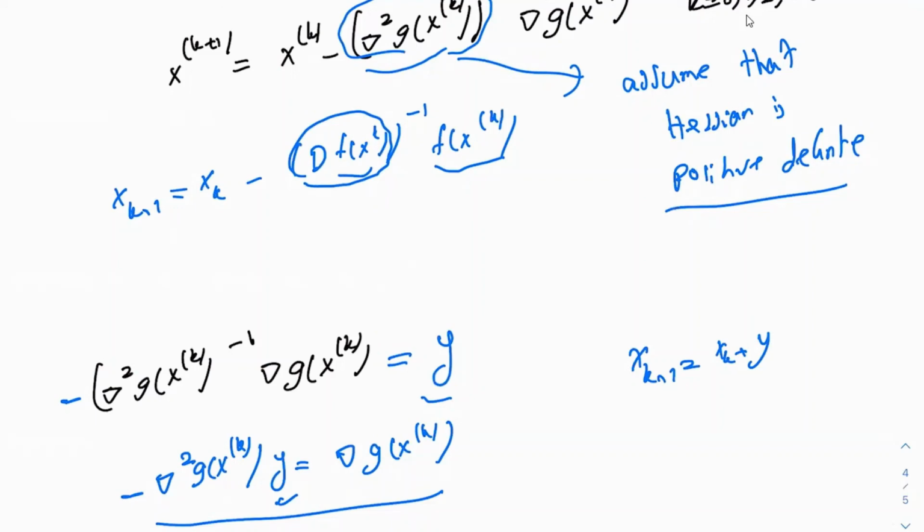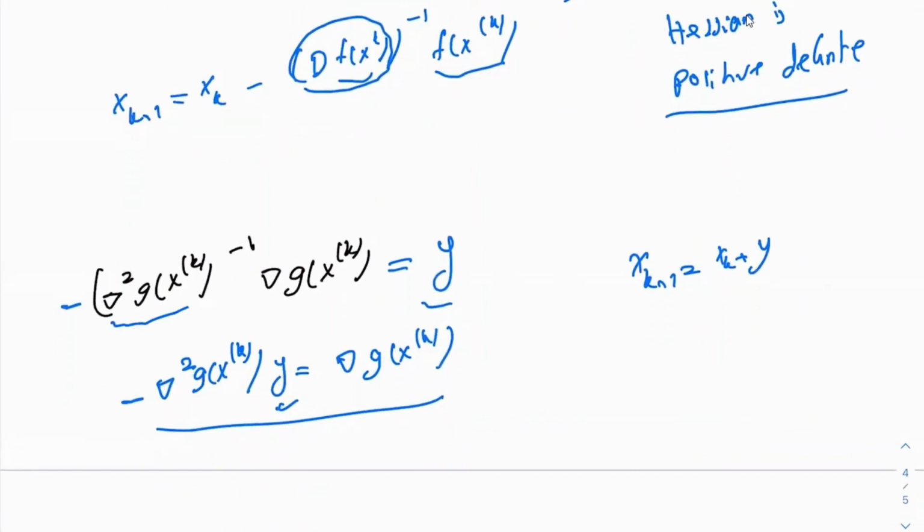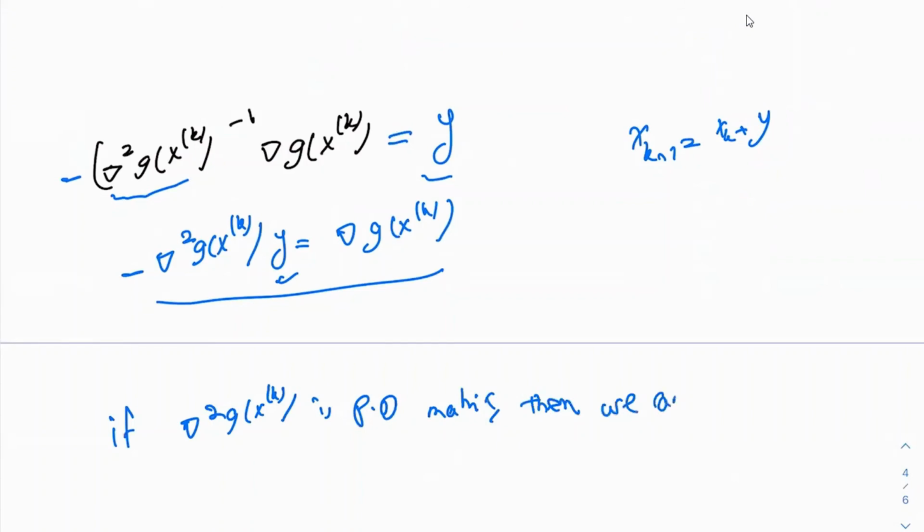That's one thing. The second thing I want to talk about is that if you assume this Hessian for a strictly convex function is a positive definite matrix, because you want it to be invertible, then of course we can use Cholesky factorization.